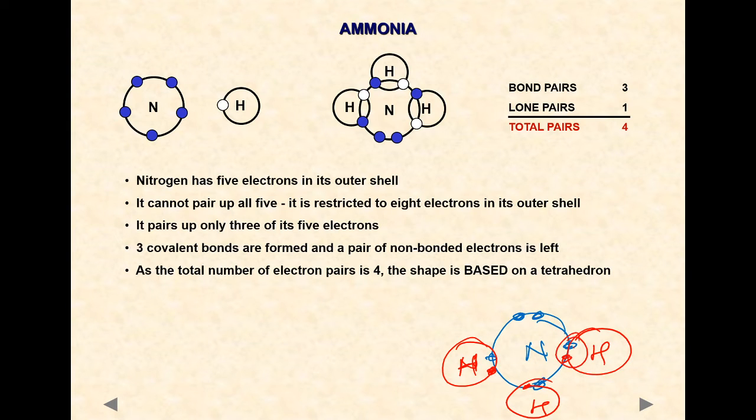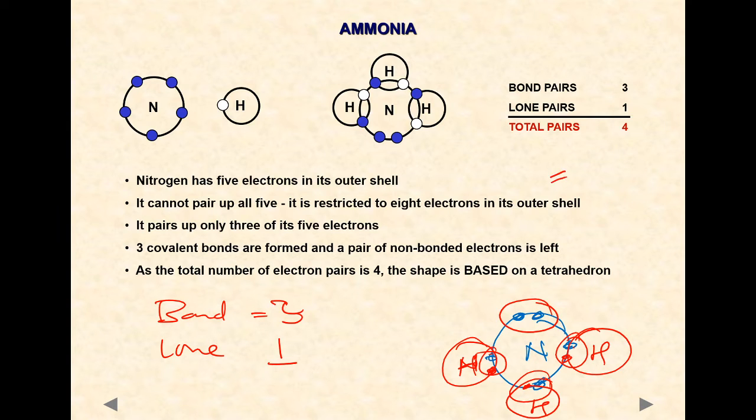So you have 1, 2, 3 as bond pairs, so bond pairs equals 3. Then we have one lone pair, so the lone pair is 1. So what do we expect from here? We'll have an irregular shape.